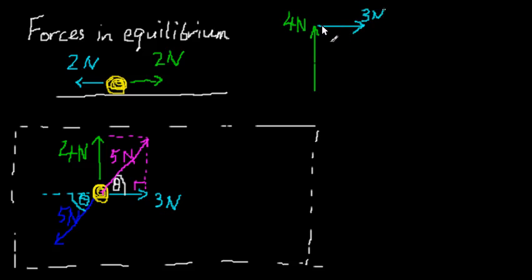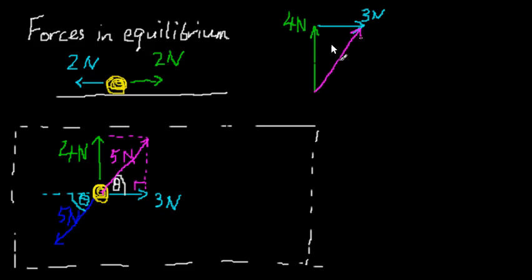I've just moved it so that the tail of one arrow touches the tip of the other arrow. And now, to find the resultant using this method, I must join the tail of the first arrow to the tip of the second arrow, all the way there. And that would be my resultant.